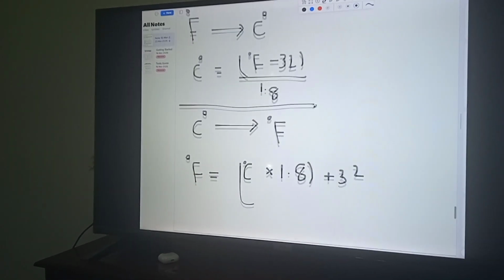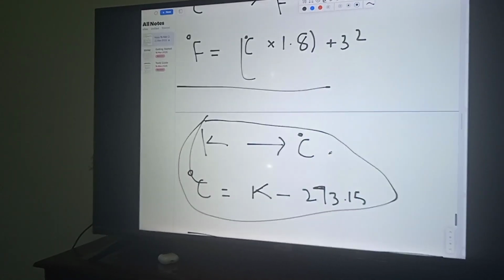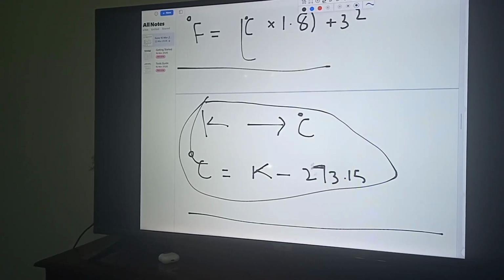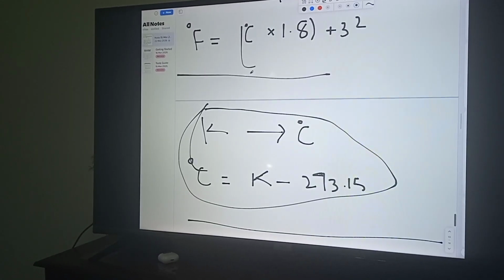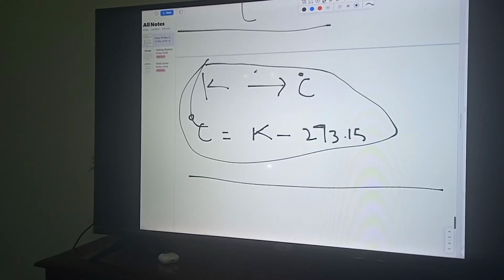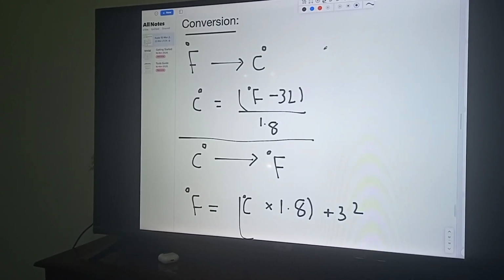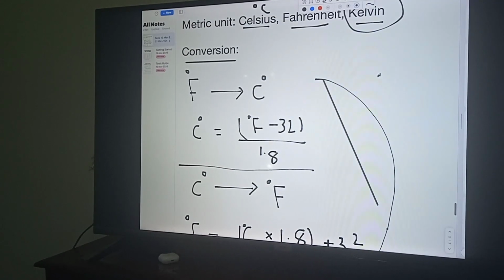You can also convert from Kelvin to degree C by using a formula, but this is not used in our routine life, so you can use these two conversions. These conversions are based on these ranges.